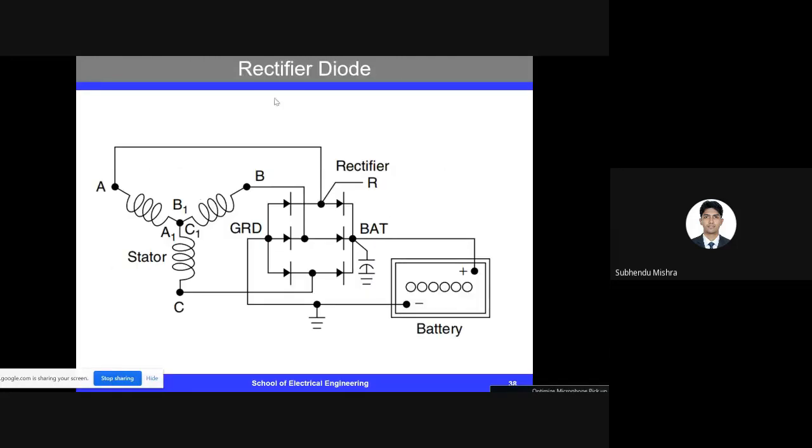For example, what you are seeing over here is a rectifier diode. You have the stator over here, the alternator, and that is charging the battery. This battery is being charged by this particular rectifier over here. And this rectifier would not be a signal rectifier. This rectifier would use a power diode rectifier. So these will be the diode rectifiers, and these will be power diodes.